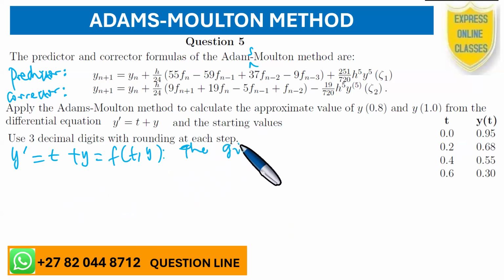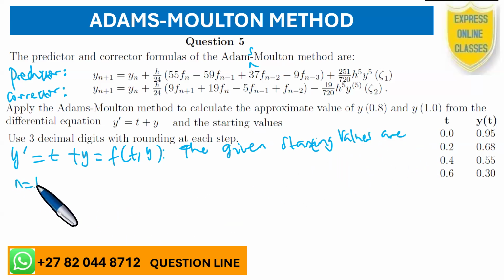So the given starting values, right? So the given starting values are n equals 1, n equals 2, n equals 3, n equals 4.